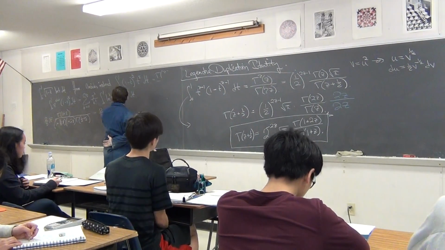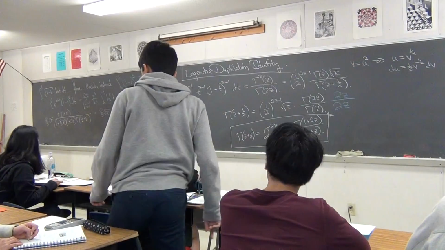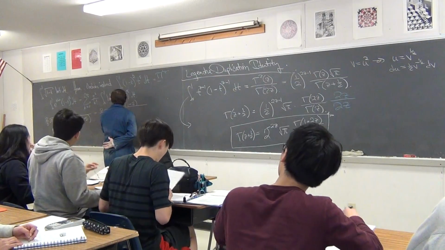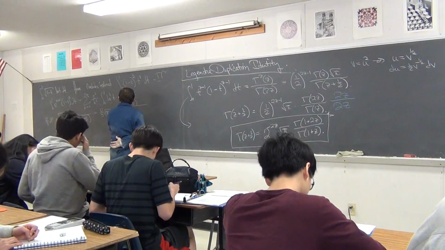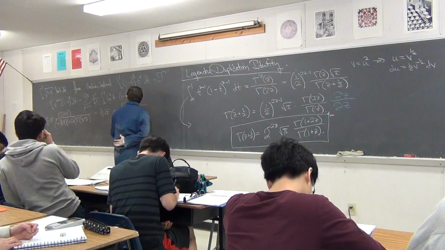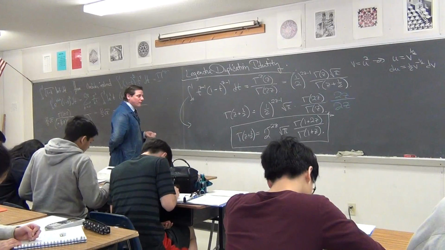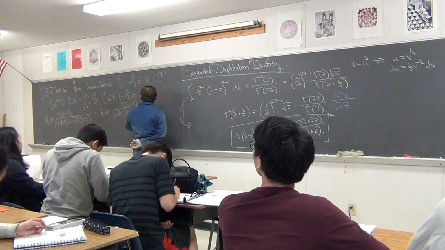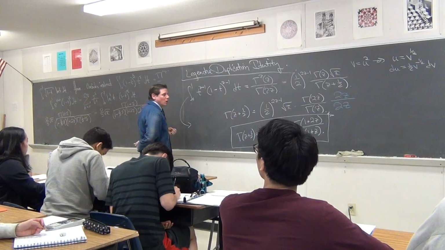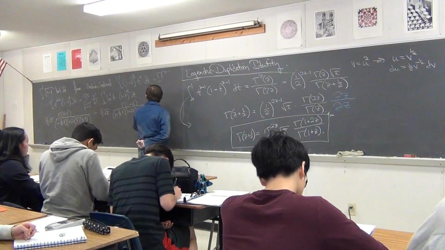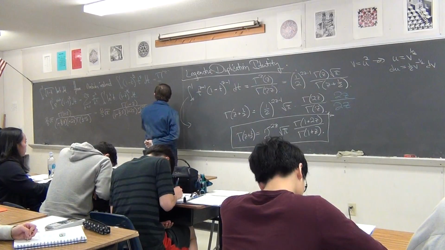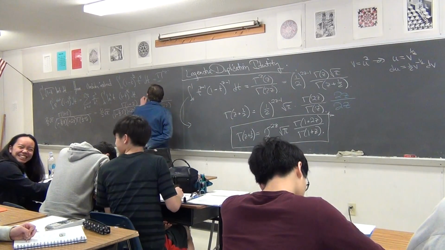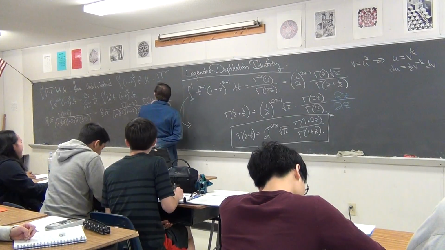So I'll have gamma, and gamma of 1/2 plus epsilon, so that's going to be 2 to the minus 2 epsilon, right? Root pi, like that.